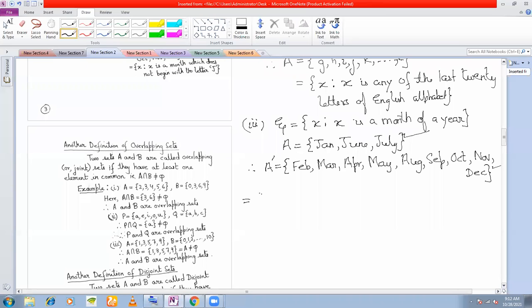However, if you want to write this in set builder form, you can write X such that, what is common in all is that none of the months start with the letter J. So you can write this as X is a month which does not begin with the letter J. So that's it.